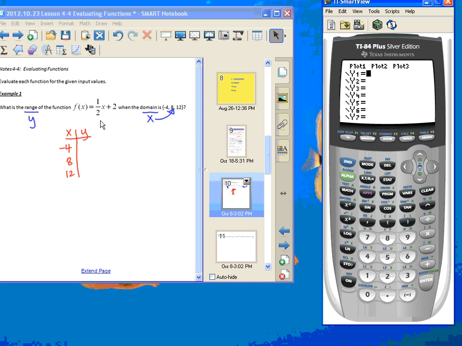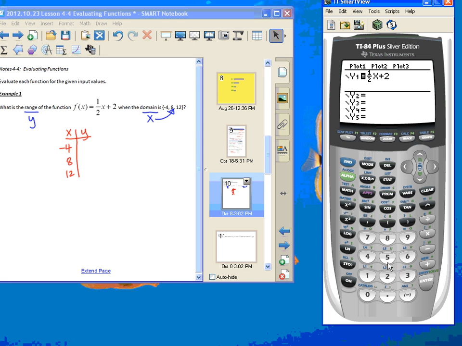Do y'all remember how to put a fraction in? Alpha, y equals, and then we choose that first option. And we're going to type 1/2, arrow out, x, here's x, it's over there by the alpha. So 1/2 x plus 2.